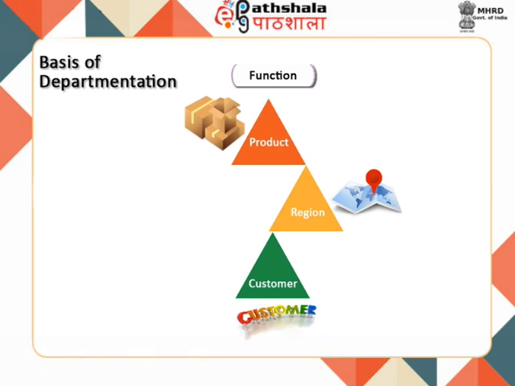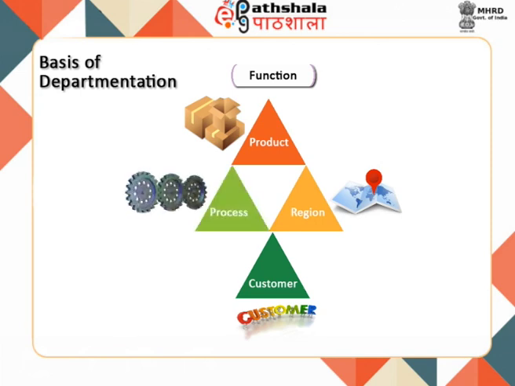Based on customer consideration, the departments are created. For example, educational institutions offering courses on the basis of the need of the students. It aims at producing customer satisfaction and a solution to a customer problem.